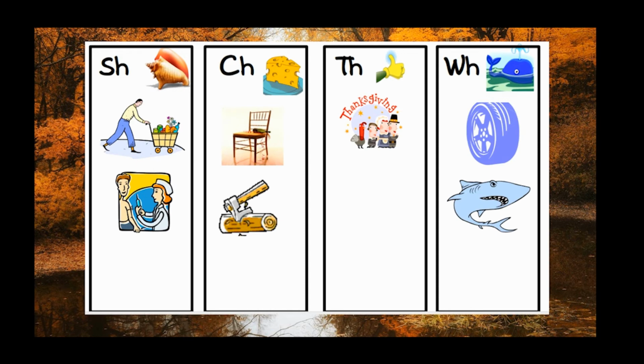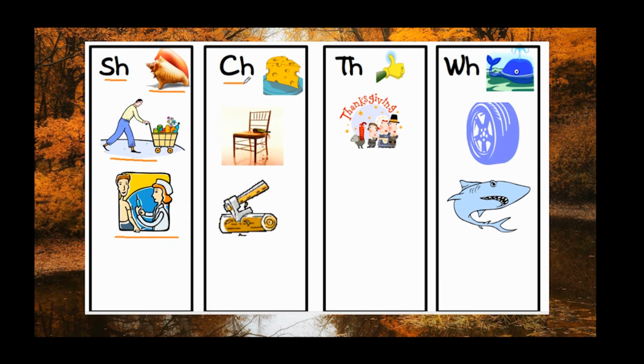Well, I wonder if I did that correctly. And a way for us to find out to make sure that the words we put into our categories make sense is just say them out loud and make sure that that sound represents the right digraph. So starting with sh, we have shell, shop, and then shot. Well, by saying those words aloud, I know I hear that SH sound and I don't hear anything different from that.